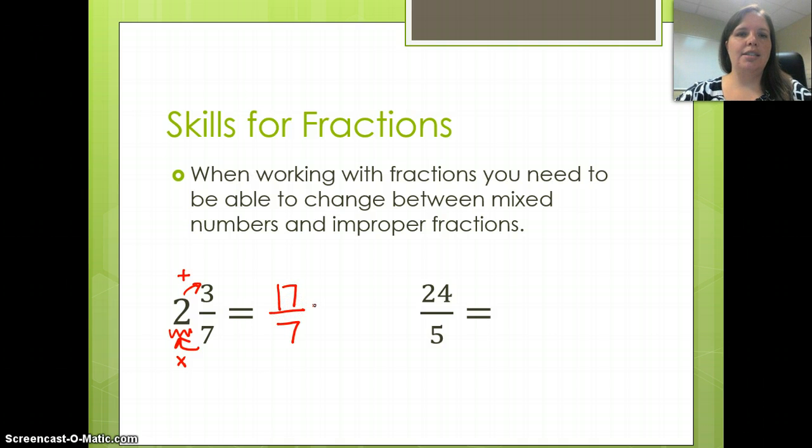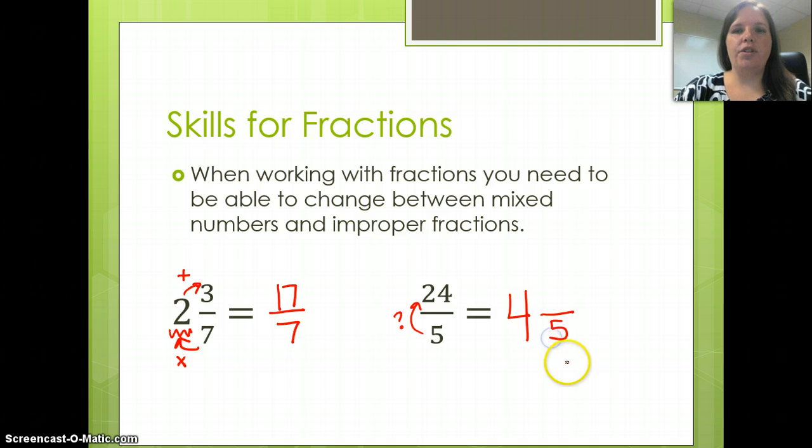So 17 sevenths. To go the other way, from improper fraction to mixed number, you're going to say, okay, how many times does 5 go into 24? Well, that's a full 4 times, and 4 times 5 is 20.